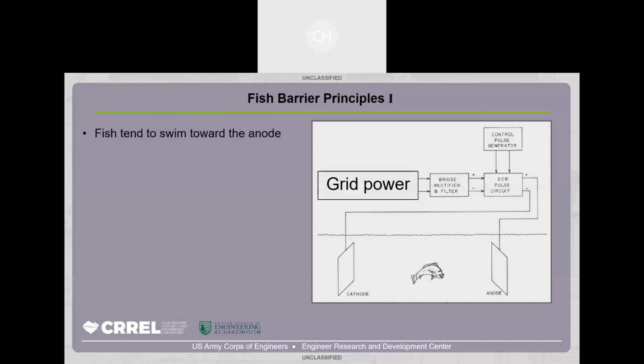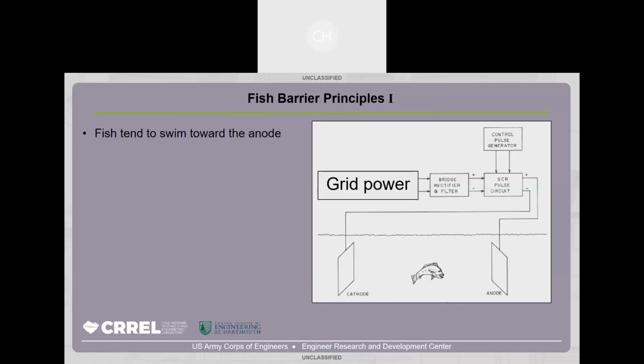Different fields will switch that, and sometimes they'll call the cathode the positive. So in an effort to not be too confusing, you'll probably hear me refer to them as just positive or negative.